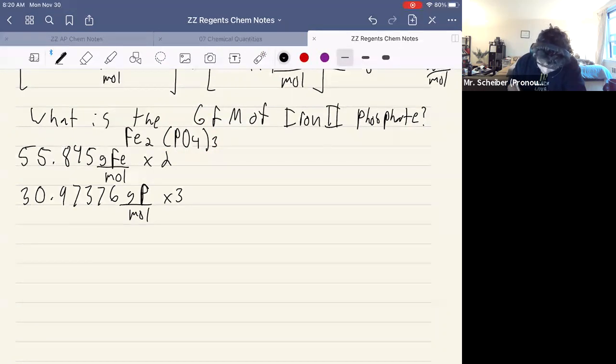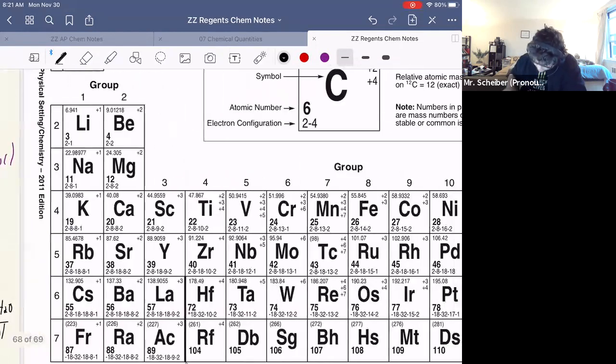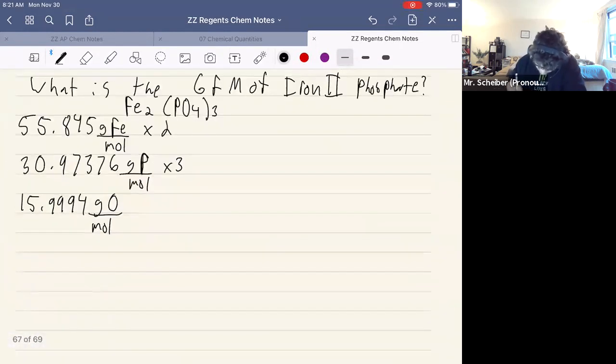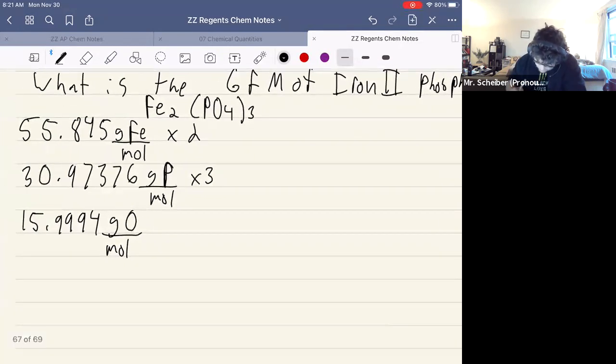And then oxygen is 15.9994 grams per mole for oxygen atoms. Did I get that right? I did. 3 9s and a 4. And then, once again, same thing. We have 12 of them. Oh, no. I screwed this up. Whoopsies. That should be a 3.